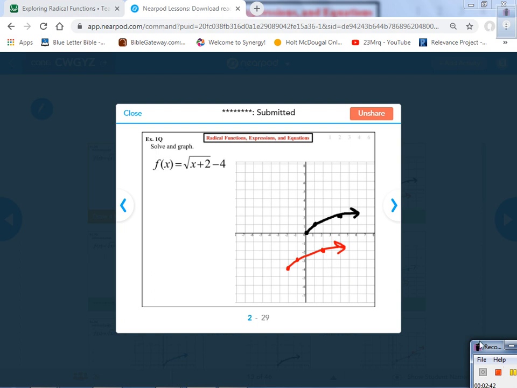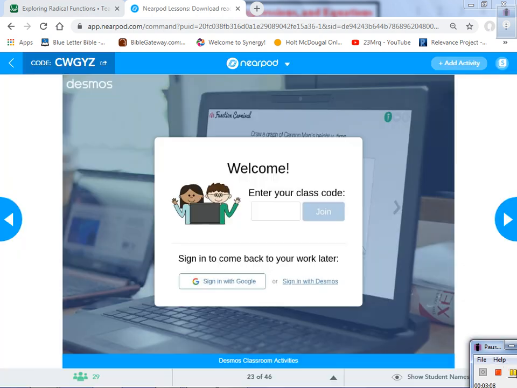All right, so we're going to do a quick exploration activity and see all the components of the transformations for radicals. Let me go to that screen. Right now on your screen, you should see a new screen that takes you to Desmos. Is that correct?